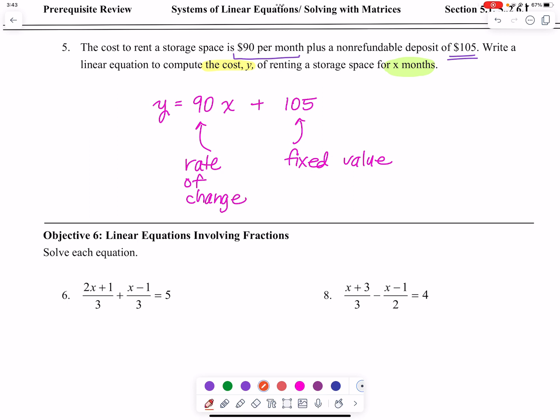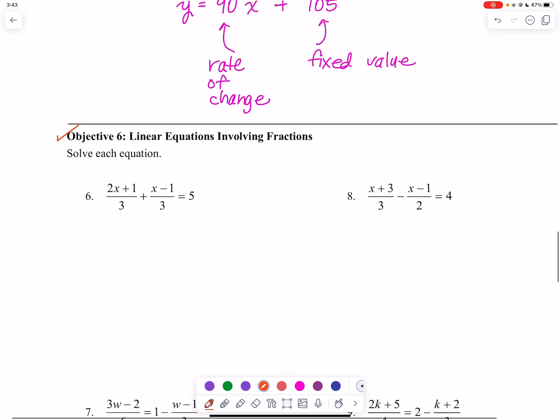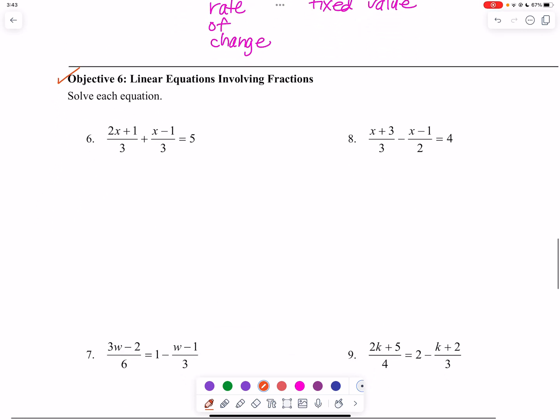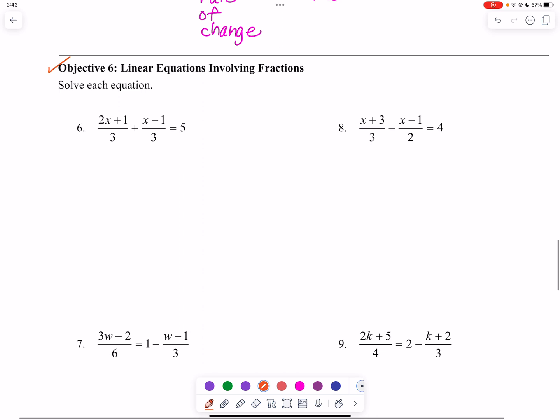We are now on objective 6, which is linear equations involving fractions. And what we did here is we multiplied both sides by the LCD, and it clears the denominators.